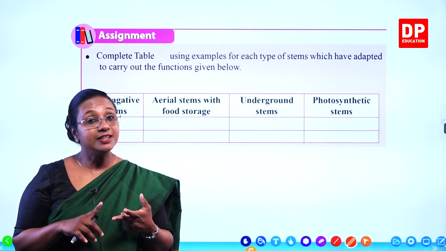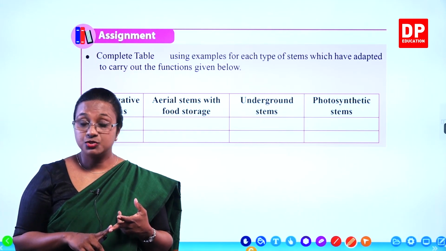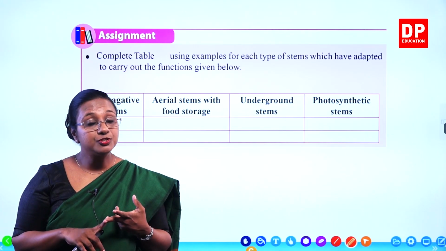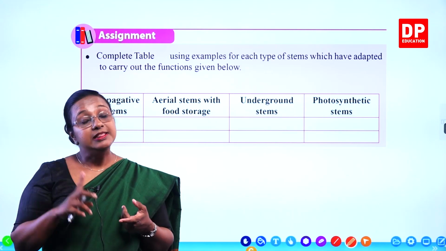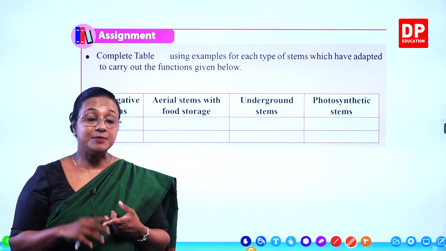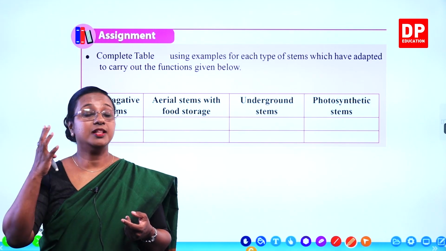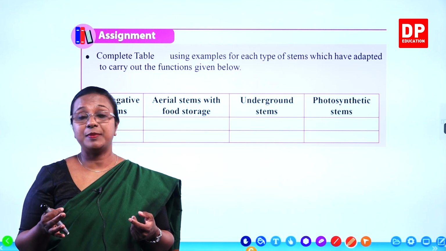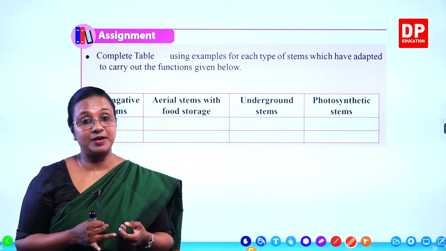Then we looked at the food storage stem, the aerial stem that stores food. That is the food storage stem, also an aerial stem above the ground. Then we looked at the underground stems with their different properties. They store food, they are useful for propagation, and also they carry out asexual reproduction.